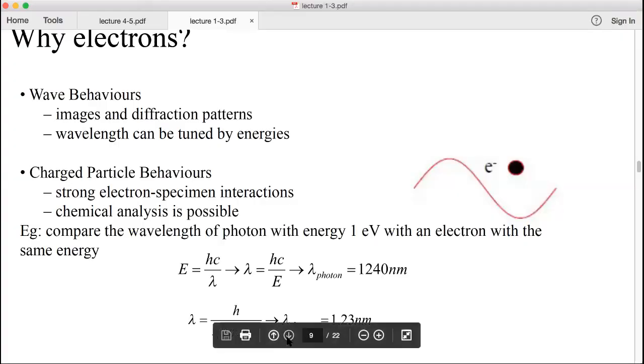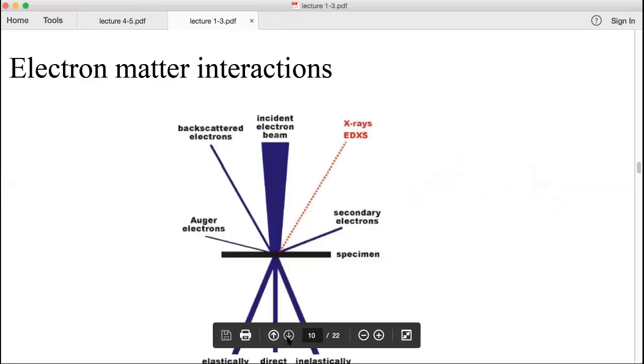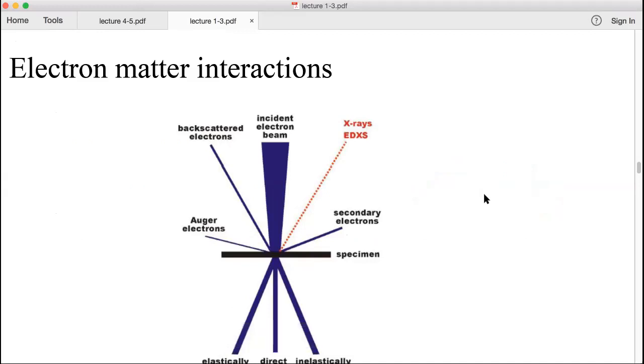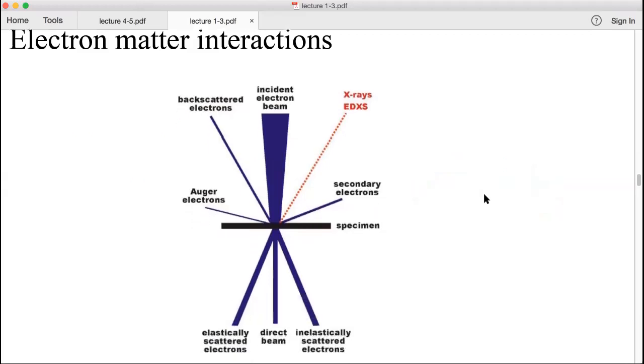Let's move on to the next slide. Right, now we will see what electron-matter interactions can happen if we send an electron beam towards a specimen. So these incident electrons can interact with the specimen.